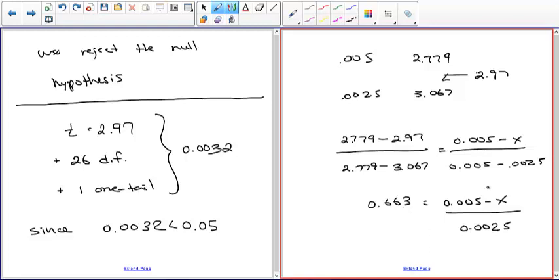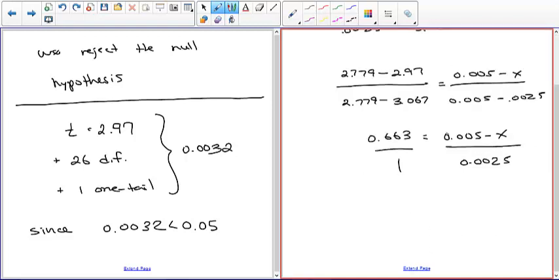If you cross multiply, you get 0.0025 times 0.663, which is 0.00166, equal to 0.005 minus x.